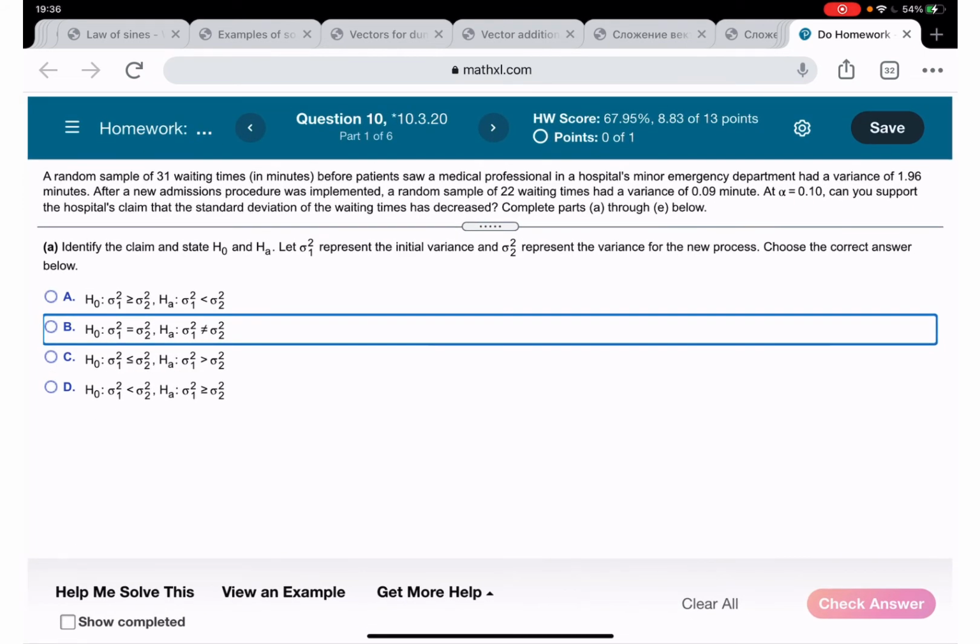So we are going to choose sigma 1 squared to be greater than sigma 2 squared. Minor emergency department variance, a new administrative procedure implemented, a random sample. Can you support the hospital's claim that the standard deviation of waiting time has decreased?